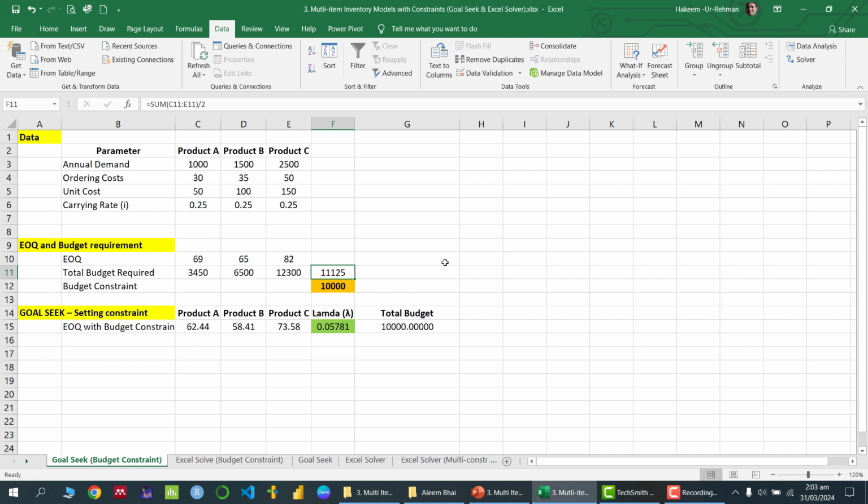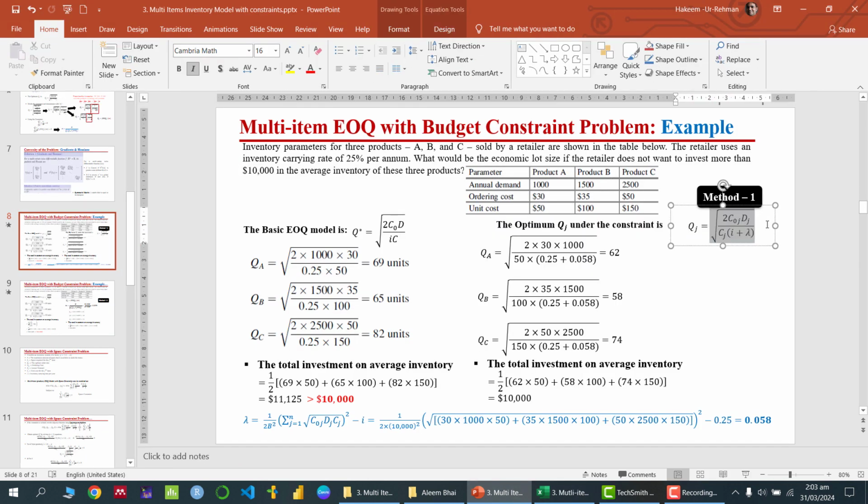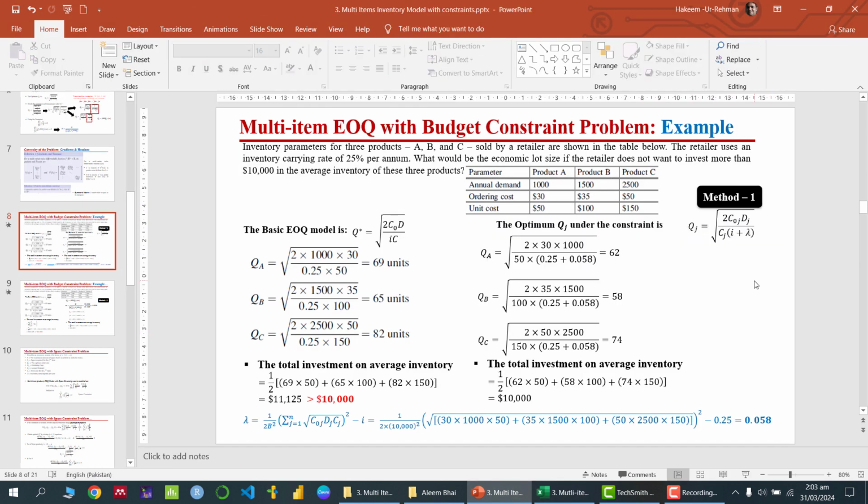So that means we are now going to apply this particular formula, however we would be able to find out that quantity. Against that, the total average inventory investment must be less than or equal to 10,000.